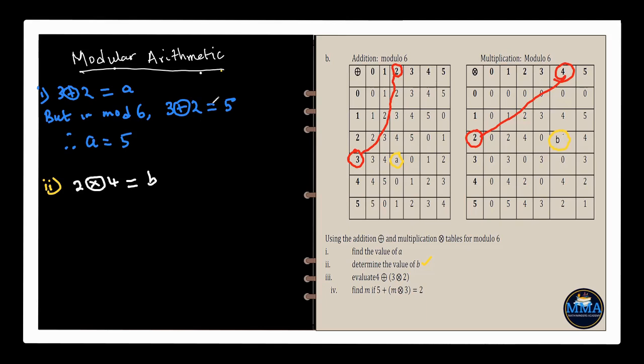You can say that in the mode 6 table, 2 times 4 is actually 2. No, 2 times 4 is 8, and if you divide 8 by 6, the remainder is 2.